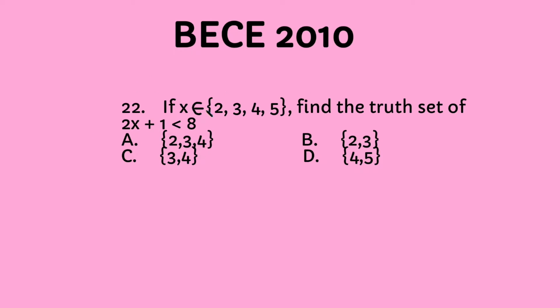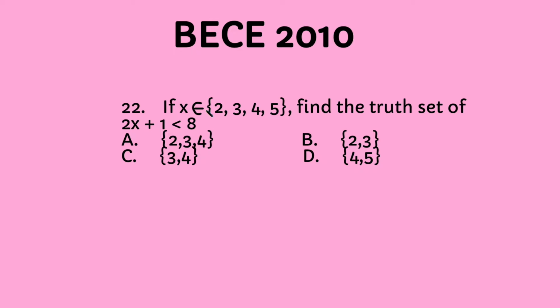For question 22, we have x containing the values 2, 3, 4, and 5 in its set. We have to find the truth set of 2x plus 1 is less than 8. Now, here's the thing. When you are asked to find the truth set, we are saying what values of x would make this expression true.